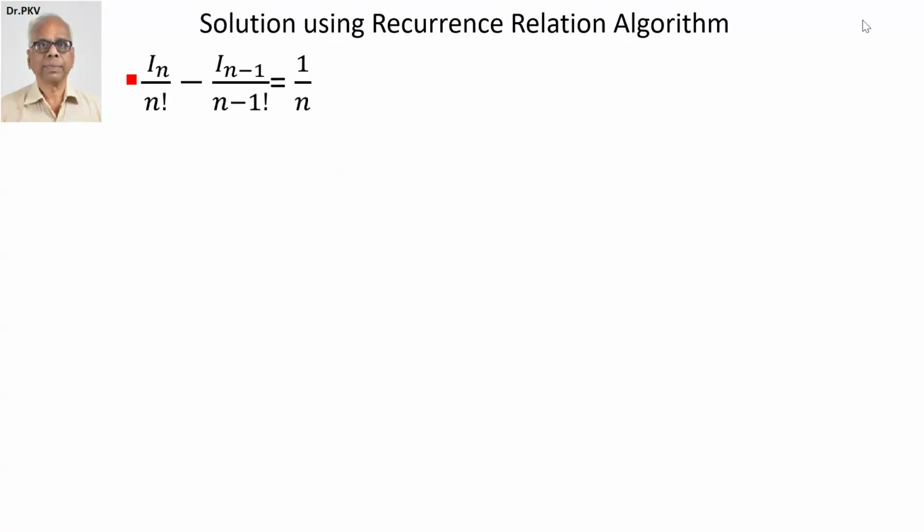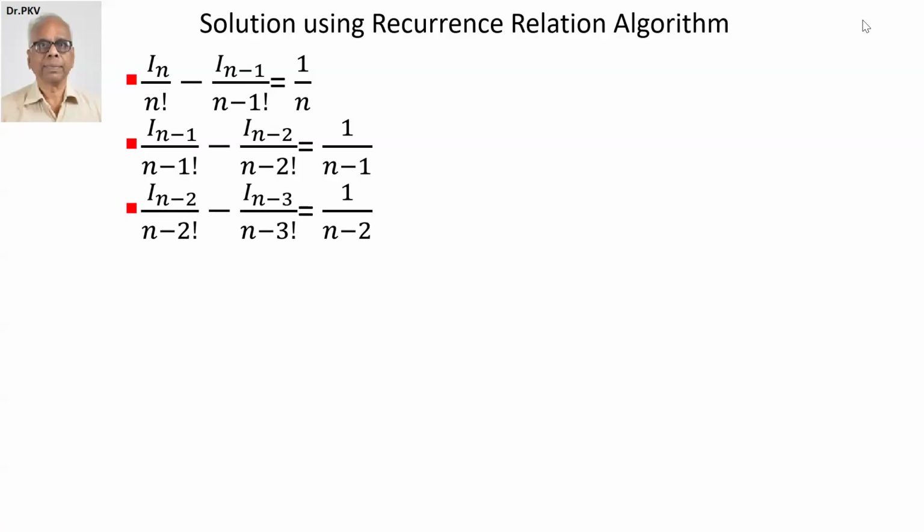Now, in a repeated manner, I can say I_(n-1) divided by (n-1) factorial minus I_(n-2) divided by (n-2) factorial is equal to 1 upon (n-1). Similarly, I_(n-2) divided by (n-2) factorial minus I_(n-3) divided by (n-3) factorial is equal to 1 upon (n-2). Etcetera, I go on, then I_2 by factorial 2 minus I_1 by factorial 1 is equal to half.